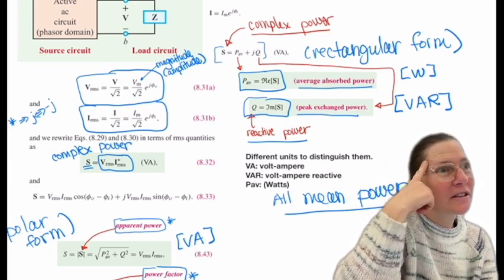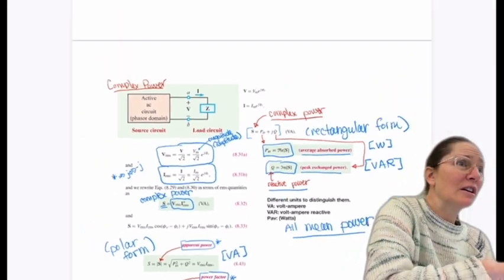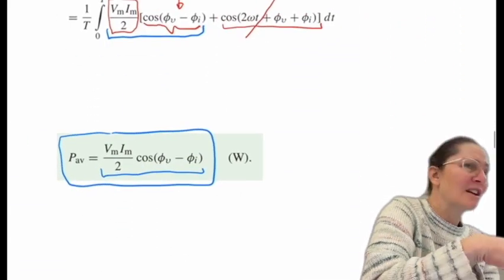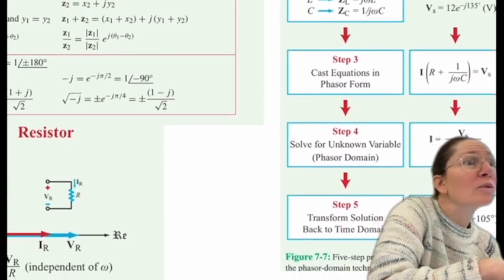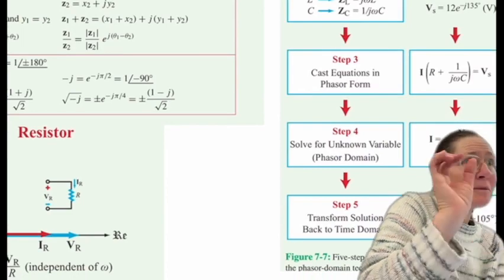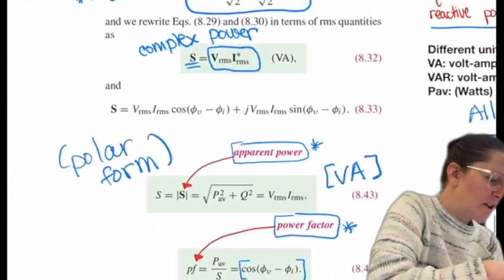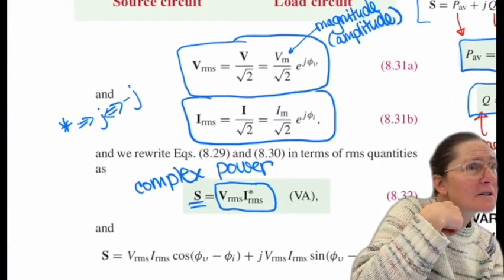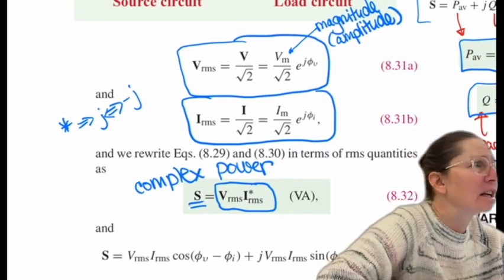So what is the average absorbed power? It's the same that we just calculated up here, but it's just another way of finding it from just the IRMS and VRMS. Just the I average and the V average over 2 times cosine of theta v minus theta i. But it's easier to do it in polar form multiplications. So this is another way of getting that average power instead of taking the cosine.